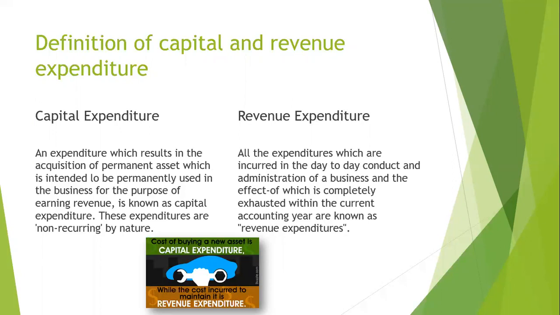Then look at the picture. You can see the cost of buying a new asset is capital expenditure, while the cost incurred to maintain it is called revenue expenditure. So buying a motor vehicle is capital expenditure, and the cost of maintenance is called revenue expenditure.